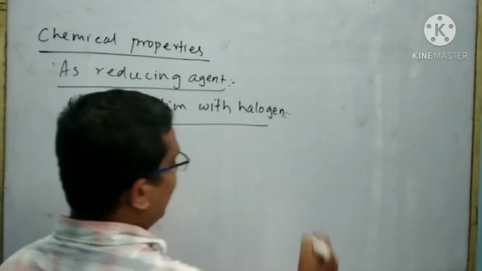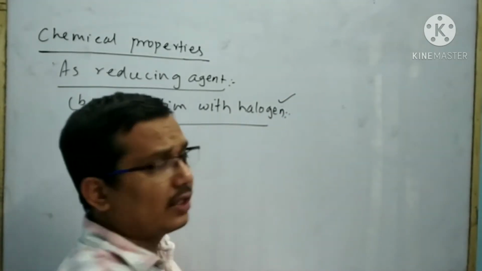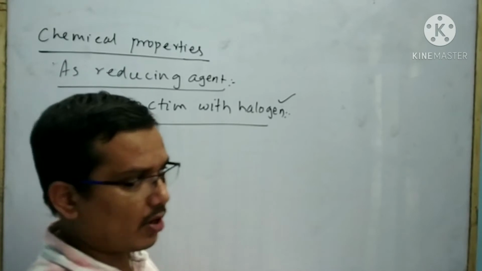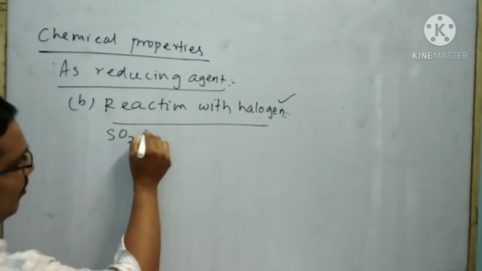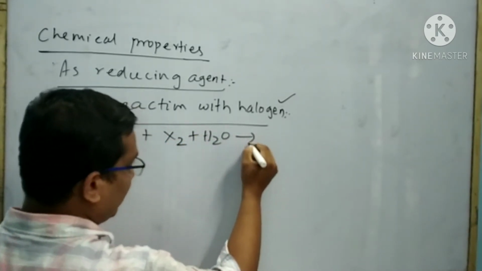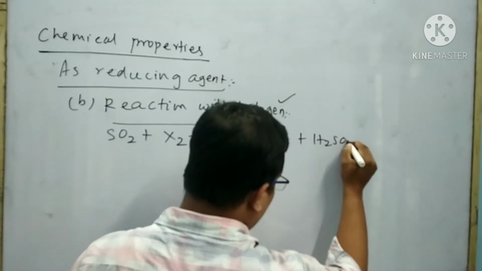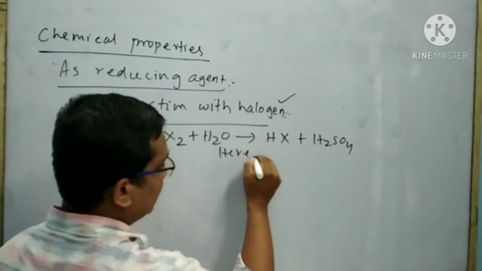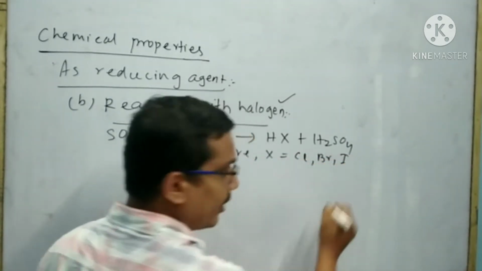When sulfur dioxide is subjected to reaction with the halogen, then halogenic acid is formed. I can write the reaction like this: SO2 + X2 + H2O gives HX + H2SO4. Here X equals chlorine, bromine, iodine.